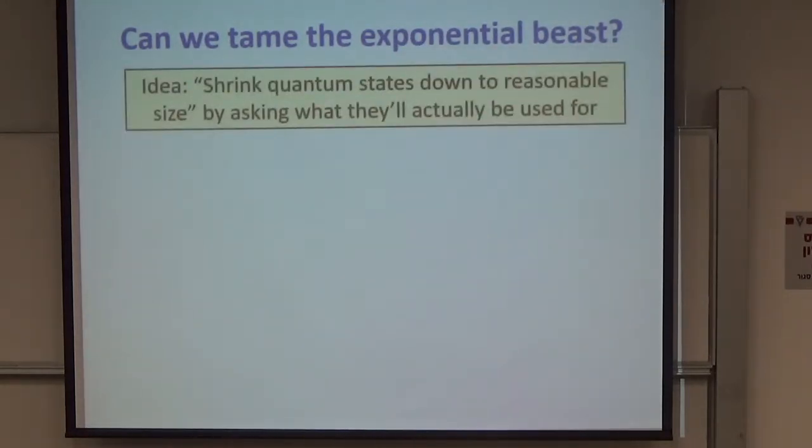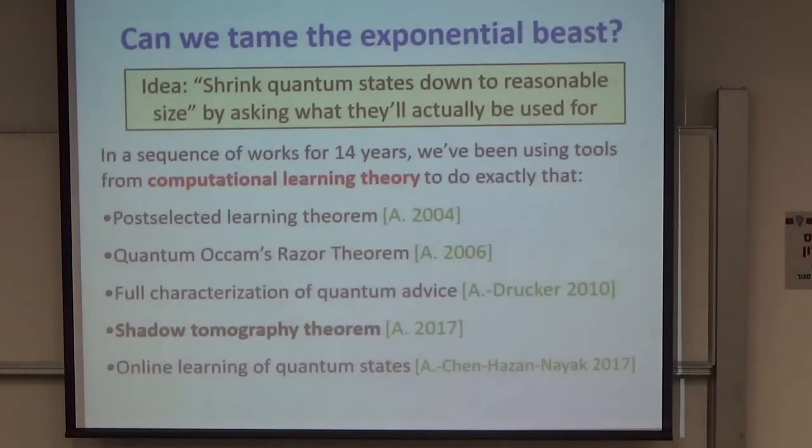The idea being to shrink quantum states down to a reasonable size by asking what they'll actually be used for. Okay, so now, I've had a long sequence of works motivated by this, where I've tried to use tools from theoretical computer science, in particular from an area called computational learning theory, and often just take these tools very off the shelf and just apply them to reconstruction of quantum states and see what they give.